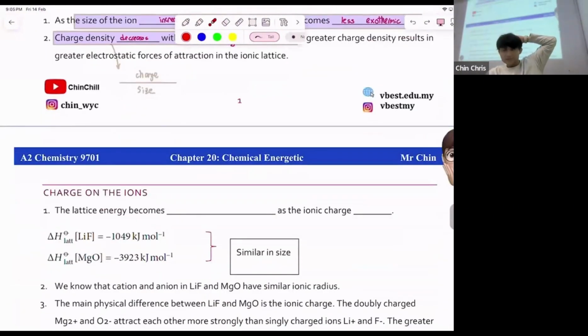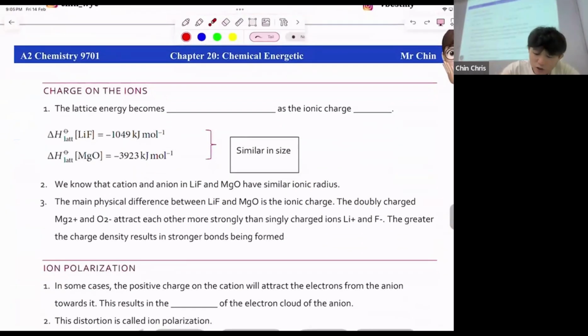All right, next, charge on the ions. So the lattice energy becomes what as the ionic charge decreases? You have to tell me why also.